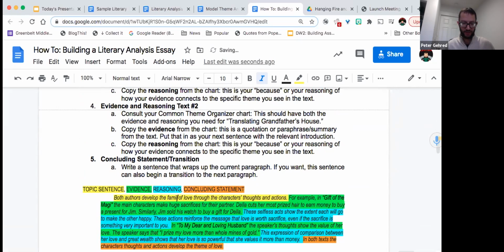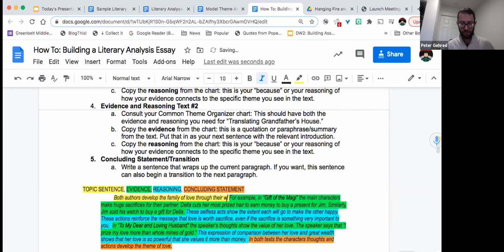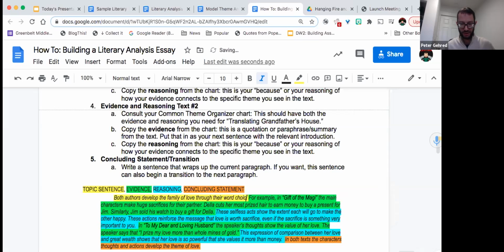We're doing the theme of family. You do whatever theme you chose, and by theme, I mean universal theme here. We're going to do their word choices.